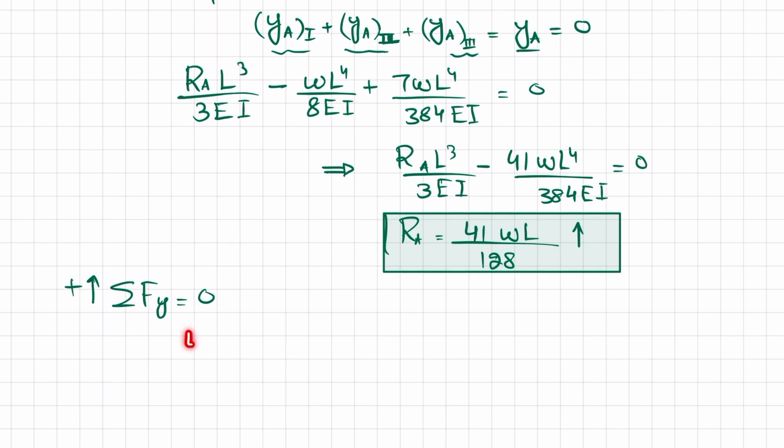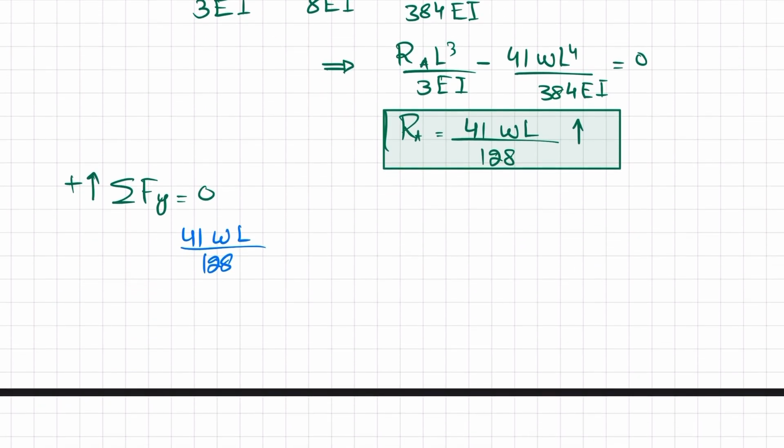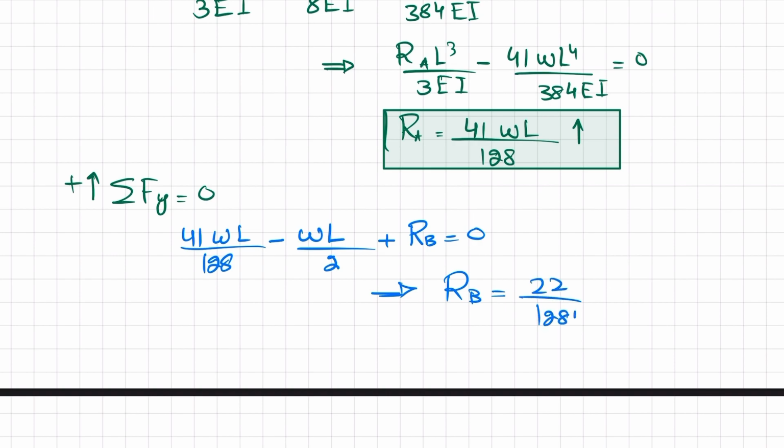RA is 41 WL over 128 minus W into L by 2, that is distributed load converted into point load, plus RB is equal to 0. So from here you will get RB is equal to 22 by 128 WL. That is upward.